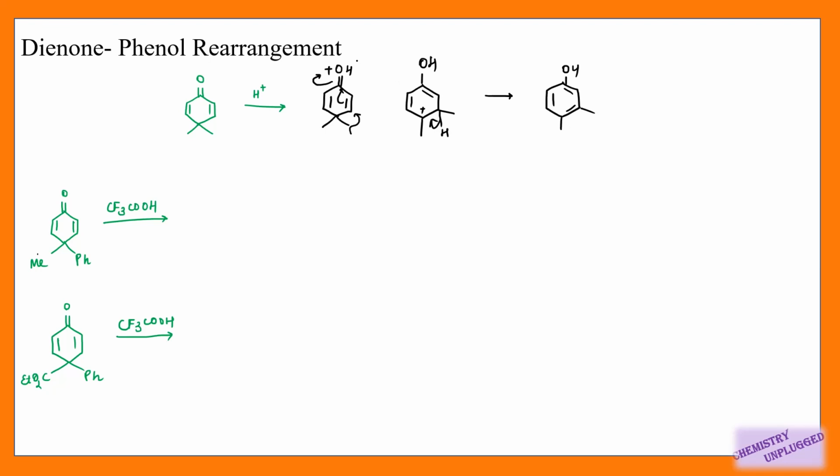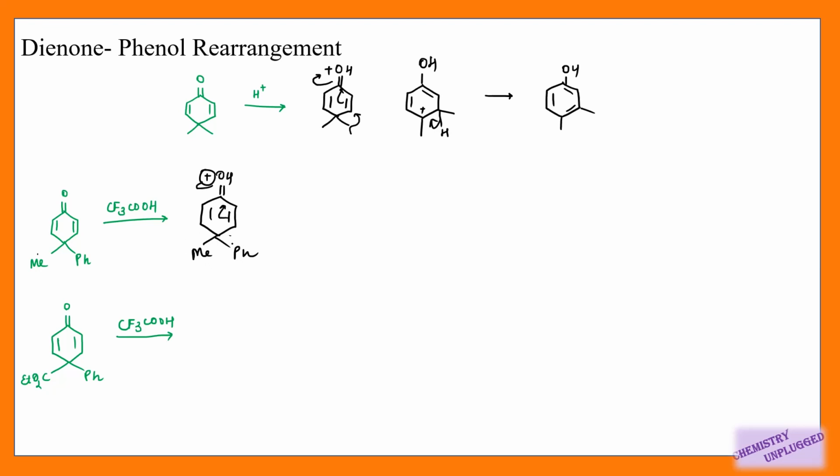So this is a very simple example where we can migrate either of these 2 methyl groups. But if we have 2 different groups attached here, then what will be the situation? So first we have to again generate this protonated oxygen, right? Then because of shifting of these bonds, we will get a carbocation here, and to stabilize this carbocation we have to migrate either methyl or phenyl, and we know that phenyl can stabilize better as compared to methyl.